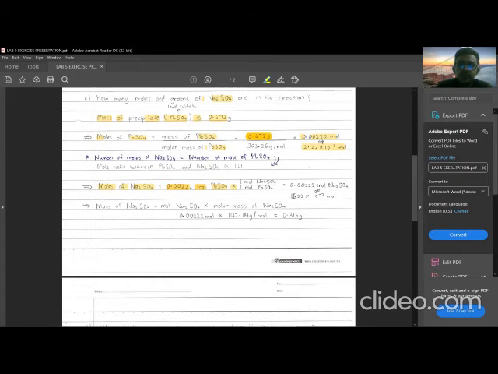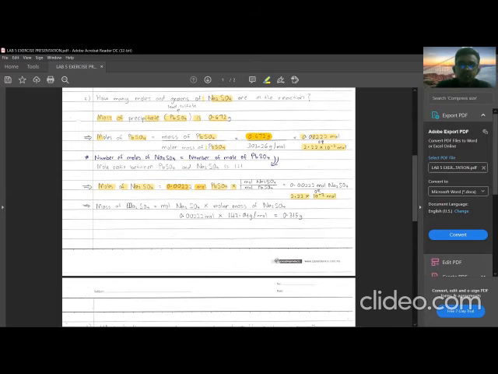So we will get the same answer, which is 2.22 times 10 to the power negative 3, because the moles of Na2SO4 is equal to the moles of PbSO4. So we will get the same answer for both.